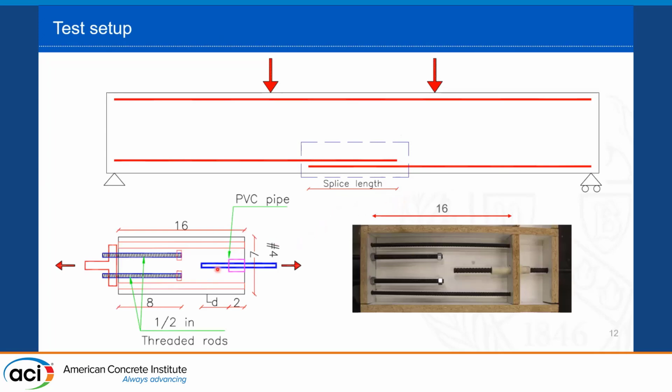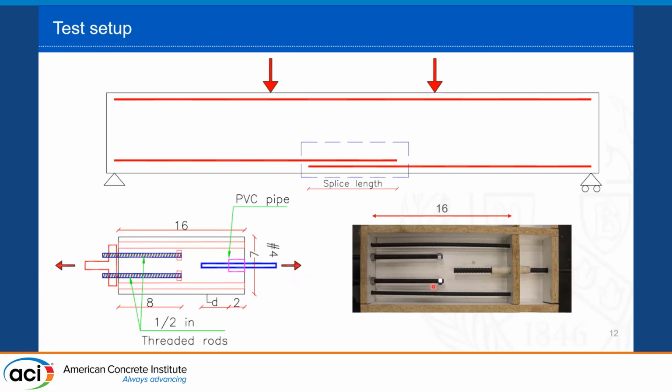In this setup, the steel rebar here in blue is pulled to one side, and the UHPC block is supported from the other side in tension. The goal is to have the rebar in tension and the surrounding UHPC in tension as well, to represent the same stress field, or the closest stress field, as the beam case.